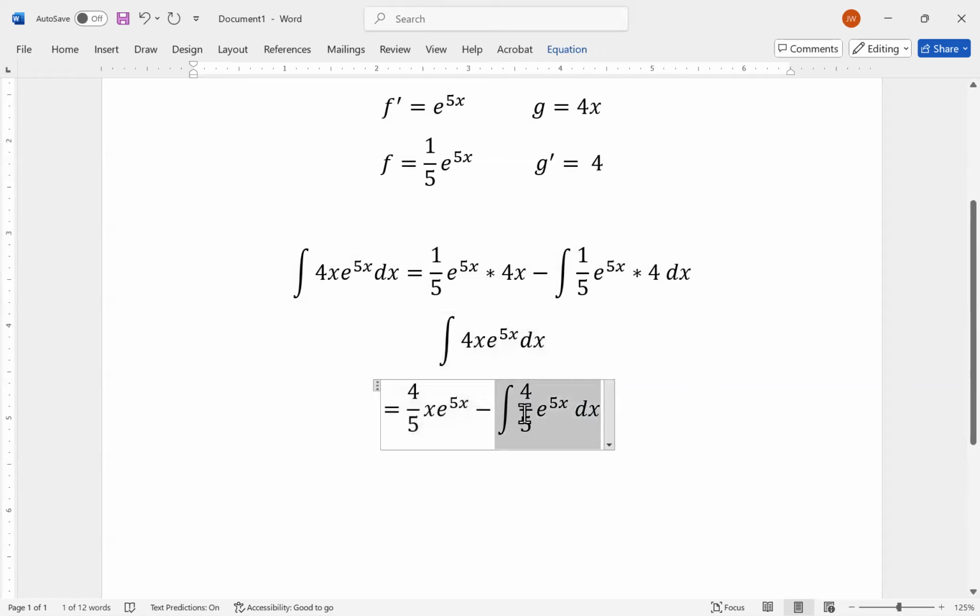And you'll notice that the integration on the right-hand side fits my basic rule.